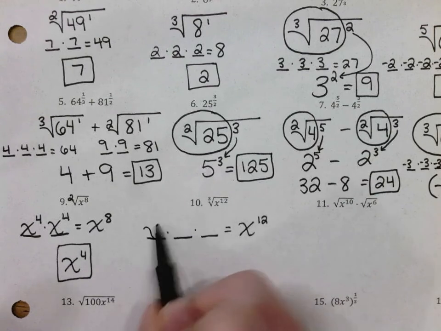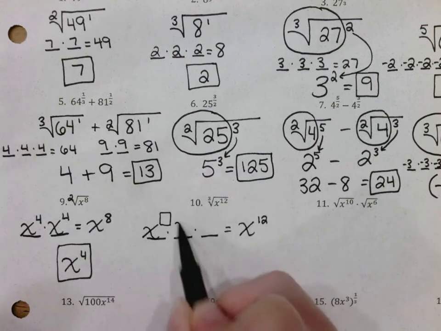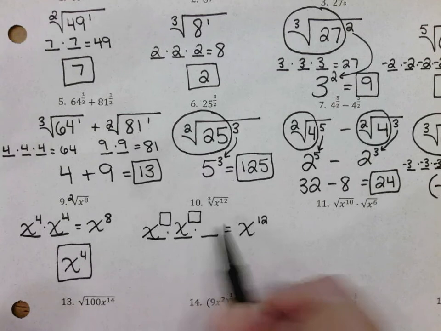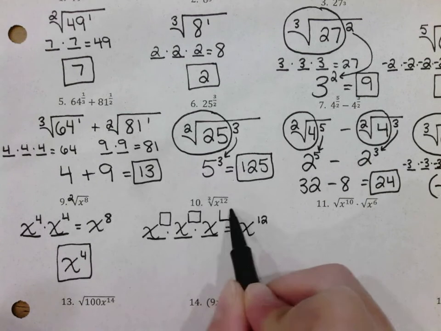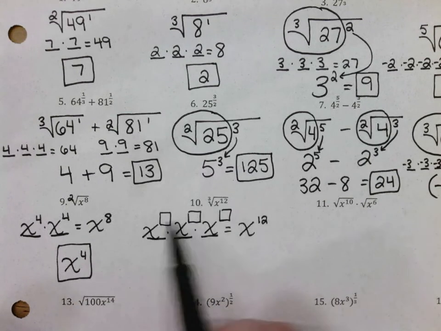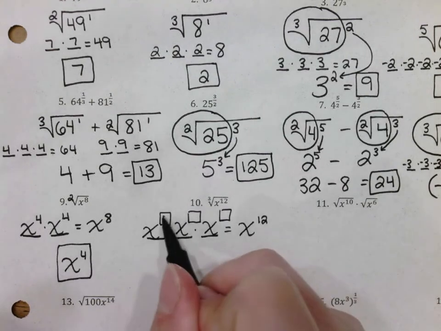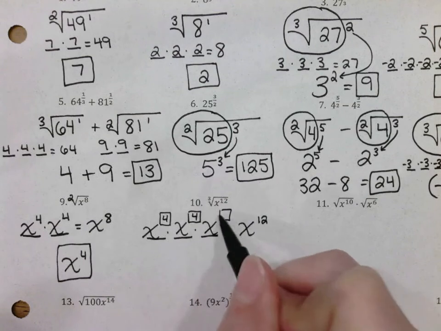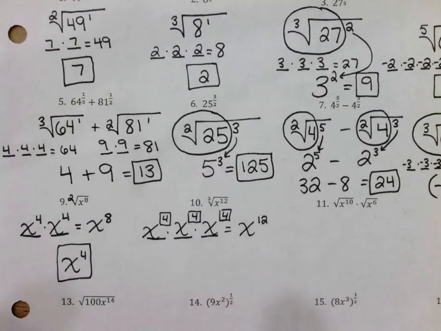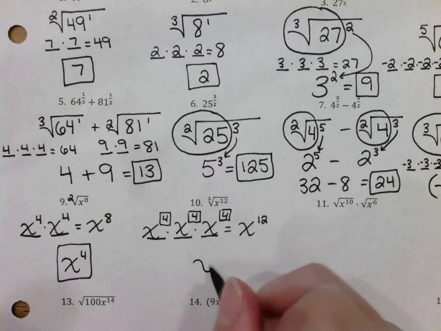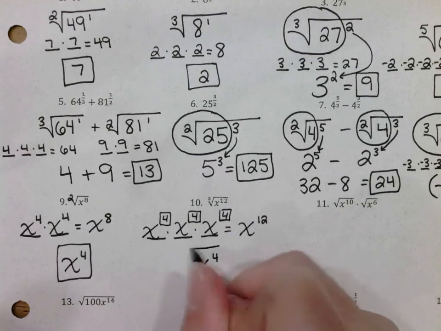Well, what plus what plus what gives us 12? It's kind of how you want to think about these. And that's 4. 4 plus 4 plus 4 gets us 12. So the answer is x to the 4th.